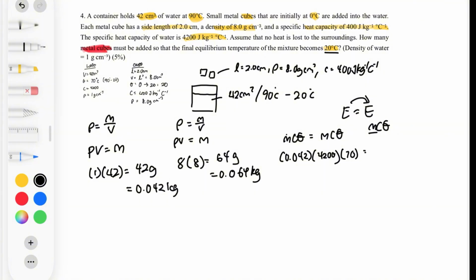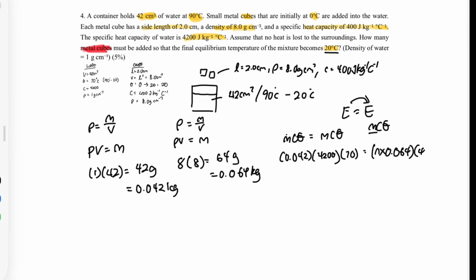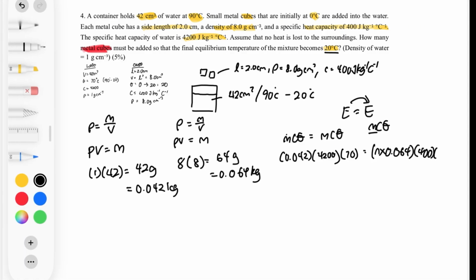How about the other one? For the cube, we need to find N, the number of metal cubes, times 0.064, and c is 400 and the temperature change of the metal cube is 20.